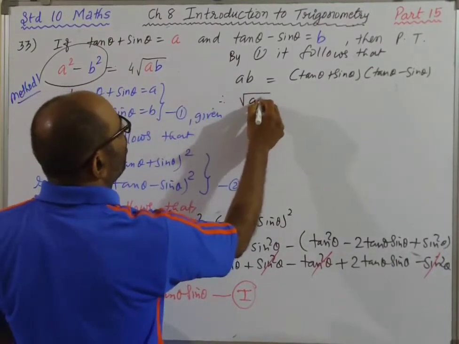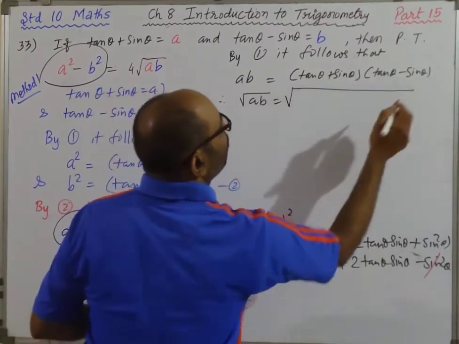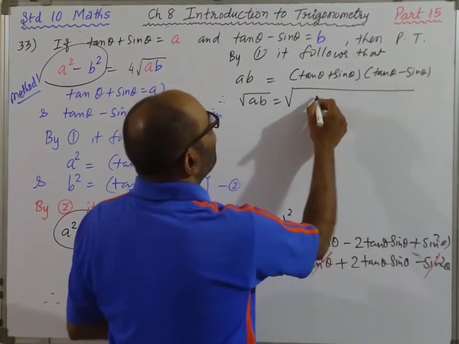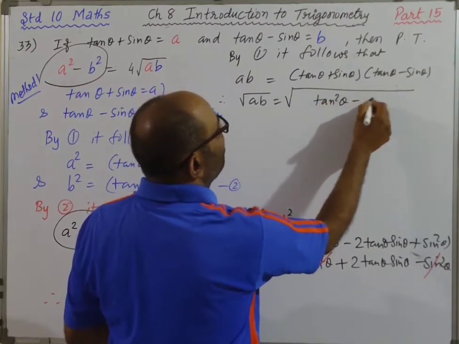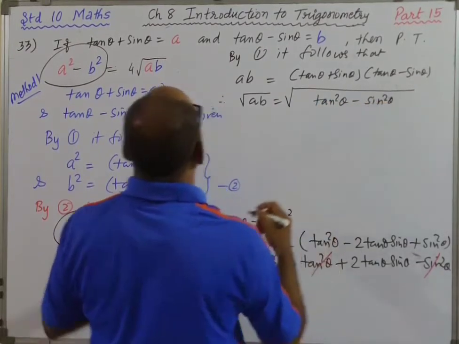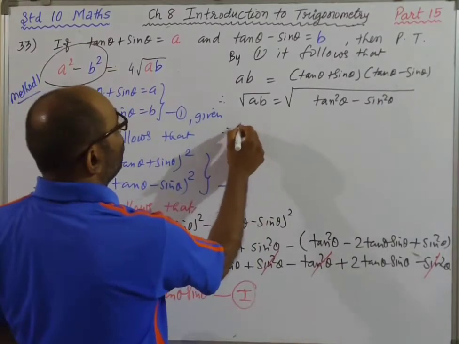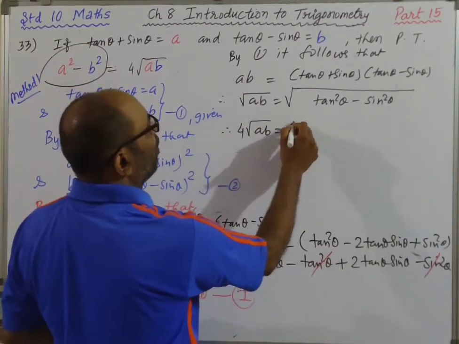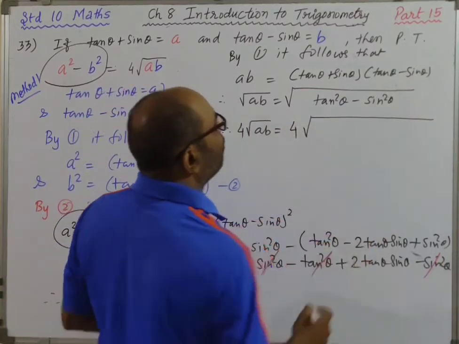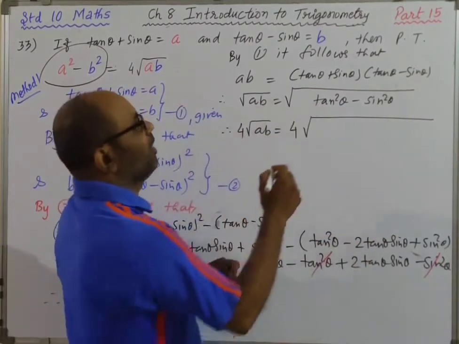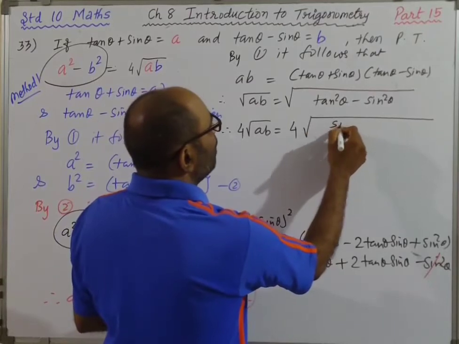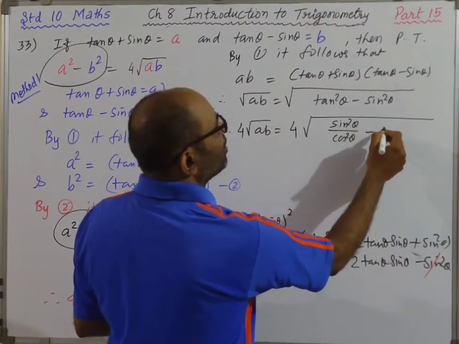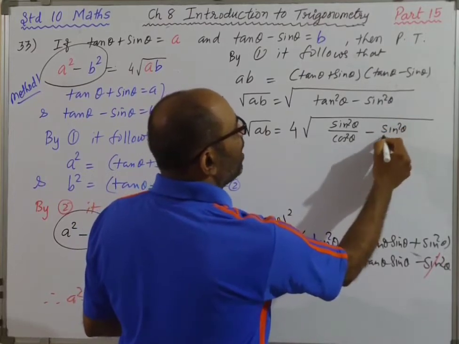Okay, square root of ab is equal to square root of a plus b और a minus b expand भी करते जाते हैं, so that is tan square theta minus sin square theta. I need 4 now, so multiplying 4 on both sides, 4 root ab is equal to 4 into square root of, इसका sin और cos में कन्वर्ट करते हैं, sin square theta upon cos square theta minus sin square theta upon 1.